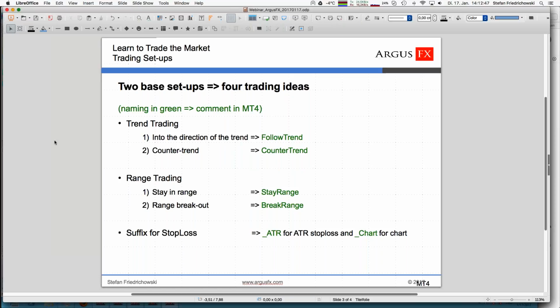Therefore, it's quite helpful to have a unique naming for every trade we enter in MT4. It's better for the later analysis.